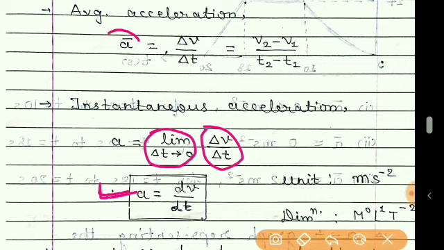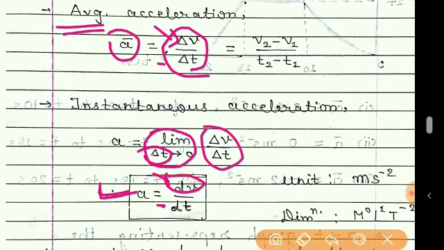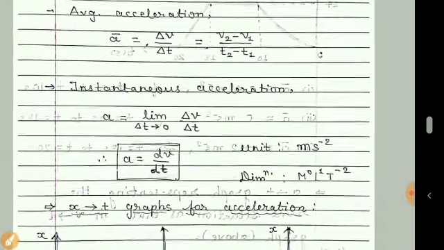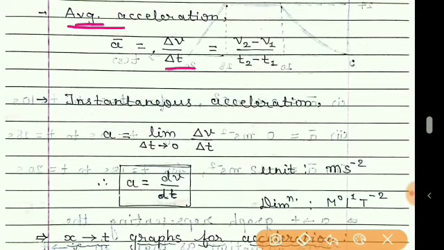If it is a bar, then it is average, and average has delta. And if we take the time interval very small, then these deltas become dv by dt. Here you can see for average it is delta v by delta t. For instantaneous it is dv upon dt, meaning very small difference of velocity upon very small difference of time. So this is about average acceleration, and this is about instantaneous acceleration.